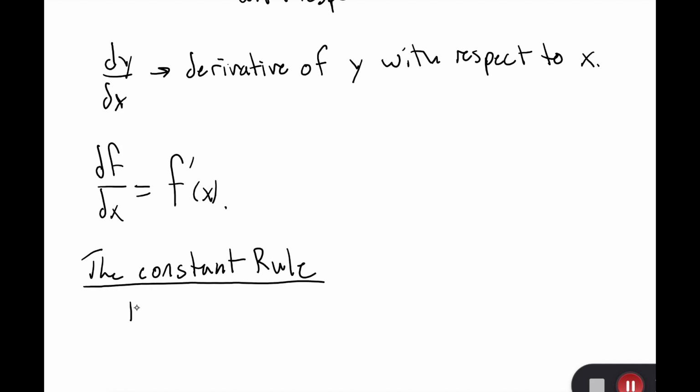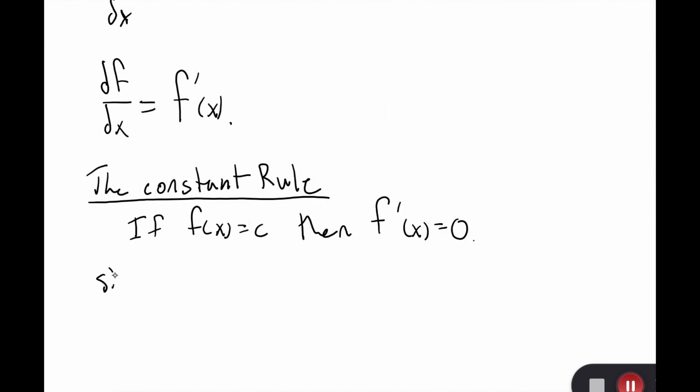We know if f of x equals c, then f prime of x equals 0. Similarly, d dx of c equals 0. Okay, and we'll use parentheses here. So this is just saying the derivative of a constant is 0.